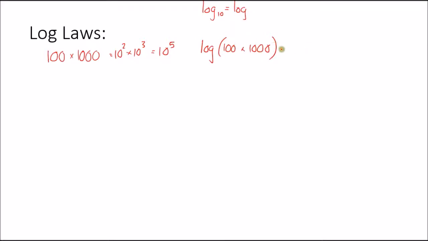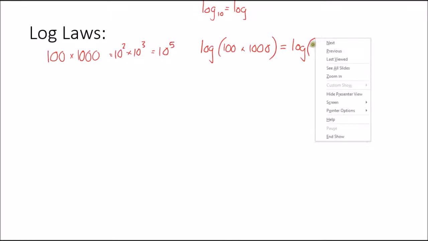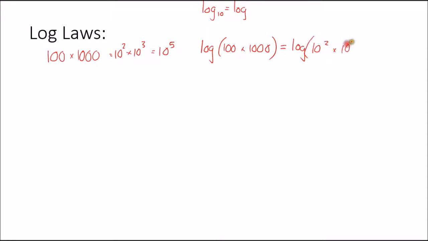But I want to break this down a little bit, and you'll see how the log law works. So let's break it up into our two factors here. So we've got 10 to the 2 times 10 to the 3. Now, the way this works with logs, very much the way it does when you're adding the indices together to get your final answer, is that we can actually add the logs.